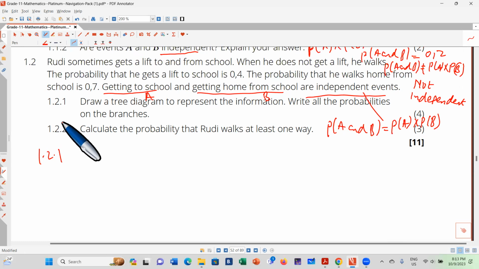Let's draw this tree diagram about Rudy. All right. So what is the tree diagram here? Let's just draw the tree diagram together.